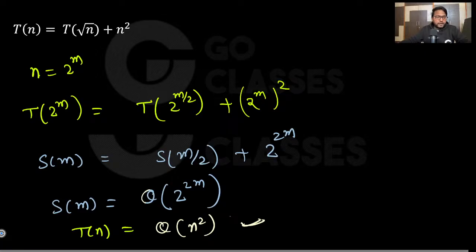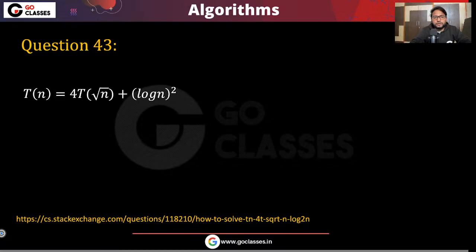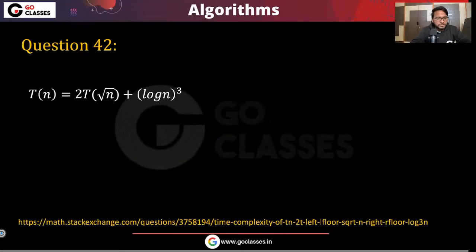Now let's move to the next questions. Can you solve these as homework? These are 1, 2, 3. I can check: just solve them as homework, and if the correct answer is there, I will reply whether it is correct or wrong.